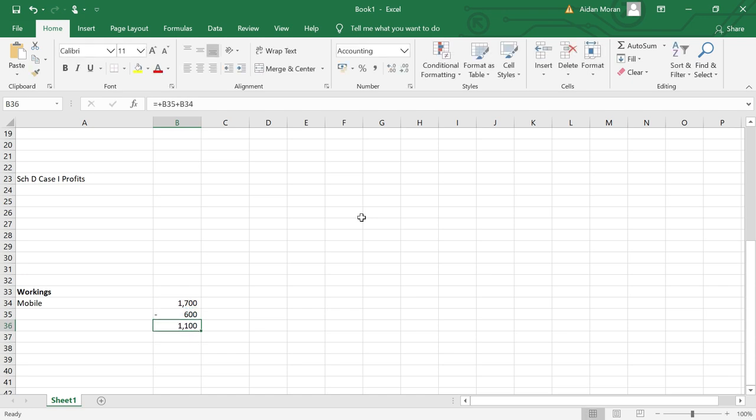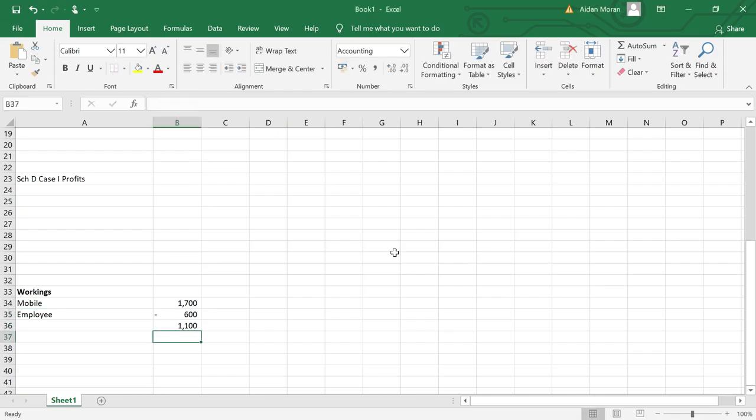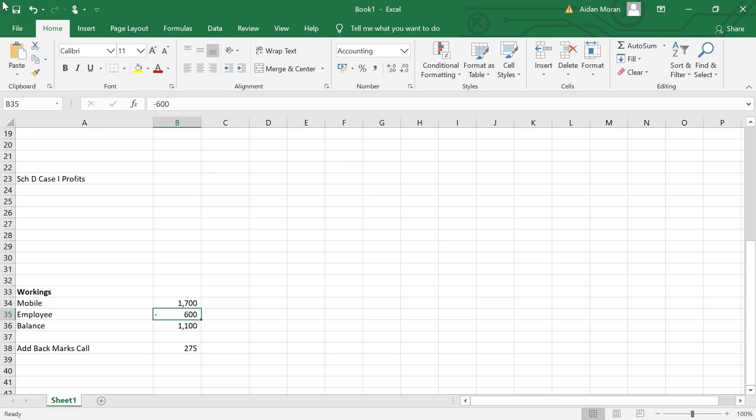My balance is 1,100, and 25% of the balance of 1,100 are going to be private costs, which amounts to €275. Add back Mark's calls. That was the balance.